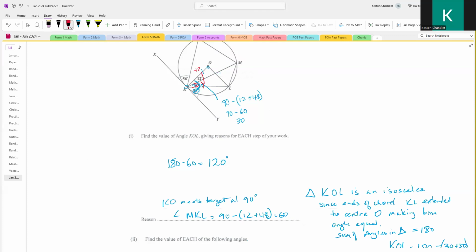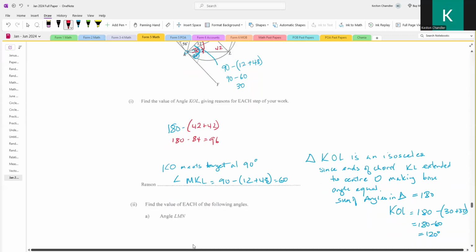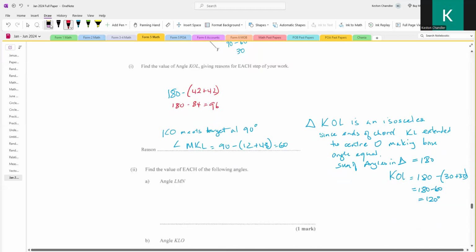So 42 and 42 from 180. So 180 minus 84, that's 96. 96 degrees for the middle angle, right? Not 120.